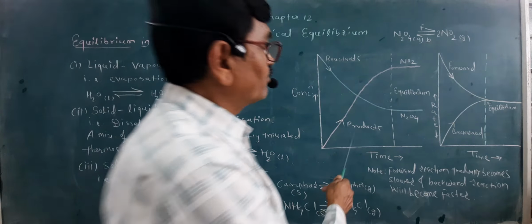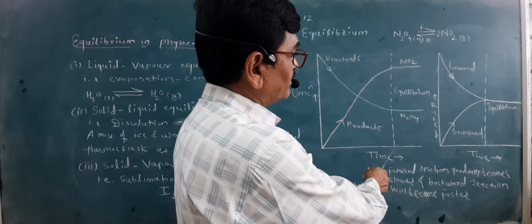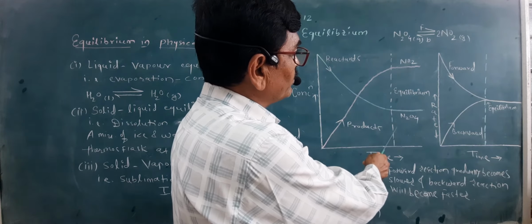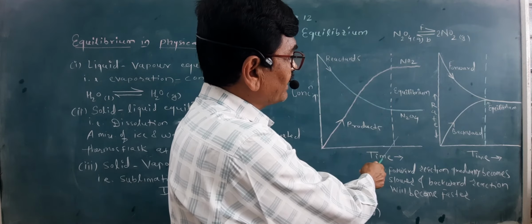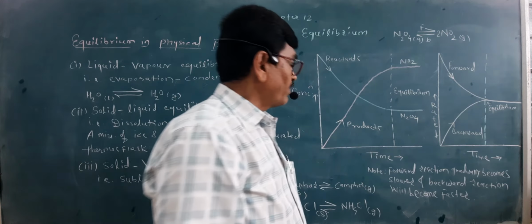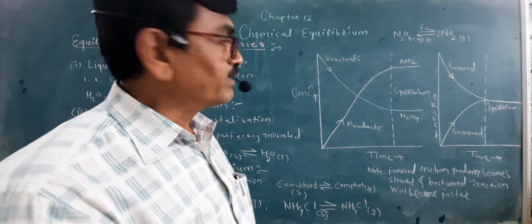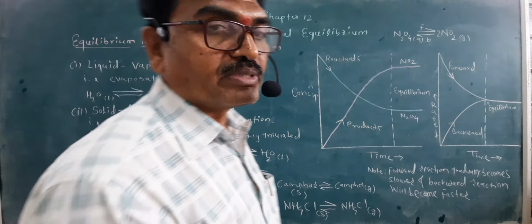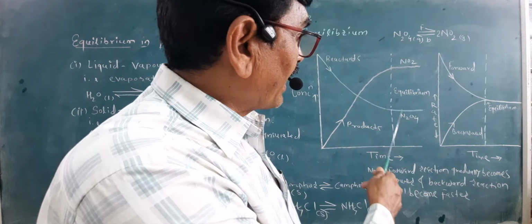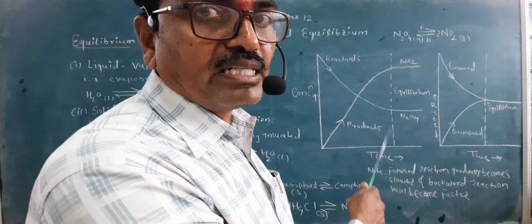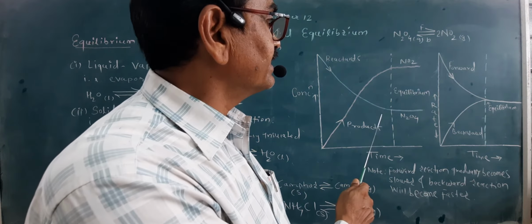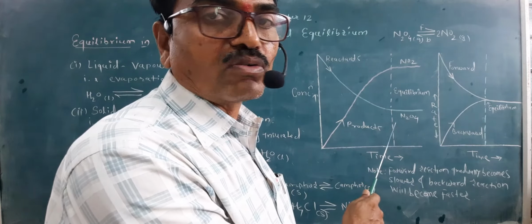आणि त्याचा परिणाम म्हणून पहा, एका ठराविक स्टेटला दोन्ही रिॲक्शनचे रेट जे आहेत हे कॉन्स्टंट, and the concentrations are also found to be constant. That is called as the equilibrium state, where the rate of forward and backward reaction is equal or same, that is equality in the rates and constancy in the concentrations.